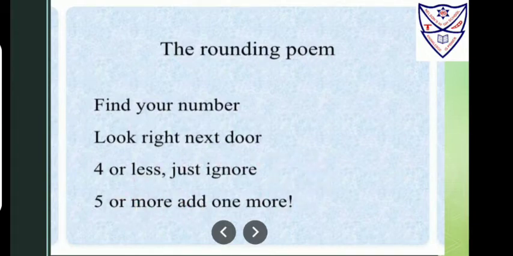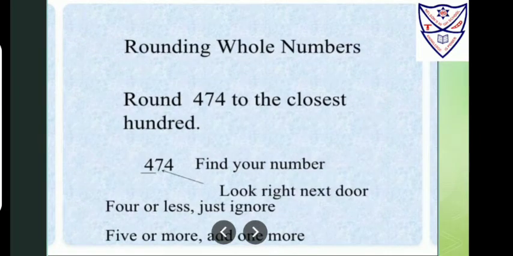Now I will explain this poem with the help of an example. See here, rounding a whole number. There is a number 474, round 474 to the closest hundred. First of all, which number is on the hundreds place? That is 4. We have to remember the poem. Find your number, which is 4.